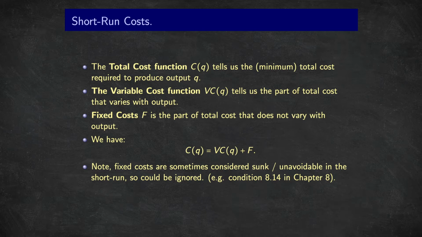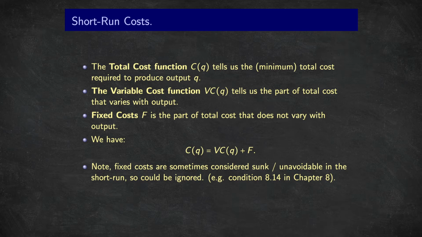Now, you could always incur more cost. You could simply set fire to a pile of money and still produce the same output Q. So C of Q tells us not only the cost required to produce an output Q, but more specifically, it's the minimum total cost required in order to produce that particular level of output.